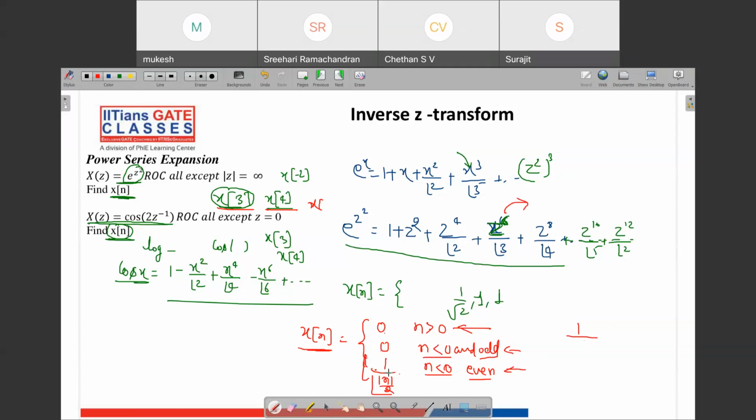So if you put, let's say, n equal to -2 here, you'll get 1. When you put n equal to -4 here, you'll get 1 by factorial 2. When you put n equal to -6 here, you'll get 1 by factorial 3 and so on. Is it clear now?